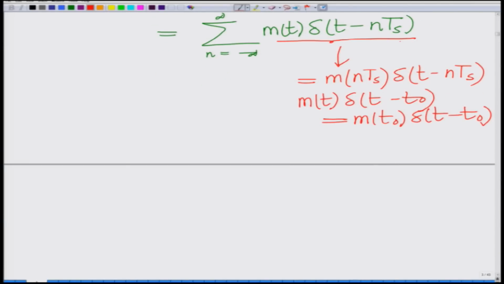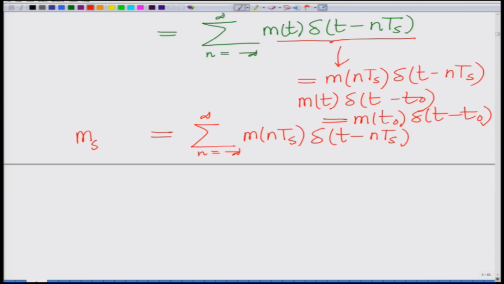And therefore, this gives us the summation n equal to minus infinity to infinity of m of n Ts delta t minus n Ts. This is your m delta t.